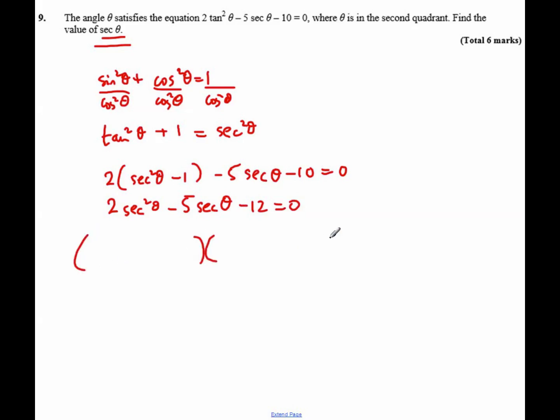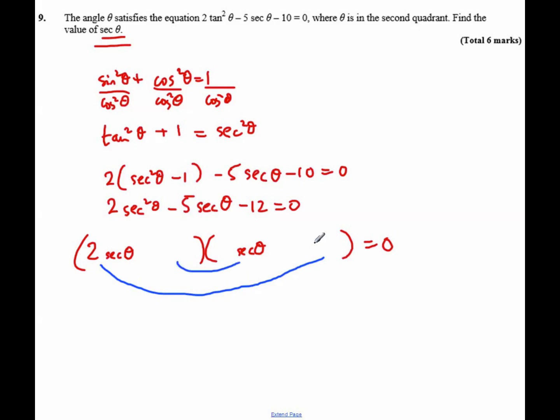Now, some people might tell you to replace sec theta by something or other in order to solve the quadratic. I think you should just try and have a crack at it straight away. Okay, we're clearly going to have 2 sec theta and sec theta, and then we want two things that multiply to 12, where when you combine the terms appropriately, you get a 5 in the middle.